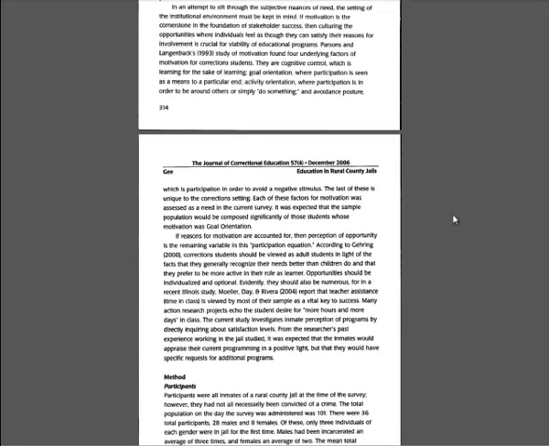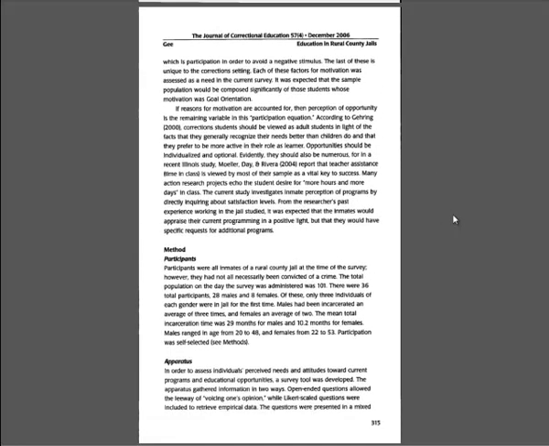So he provides some statistics, talks about the need for identifying what people are interested in studying. And if you get down to the very end of this, the current study investigates inmate perception of programs by directly inquiring about satisfaction levels. And so again, it would be expected that at the end of your review of literature or your introduction that you would then state what is the purpose of your study.